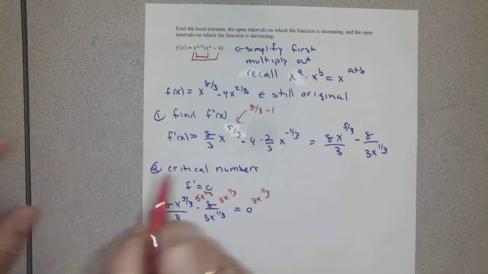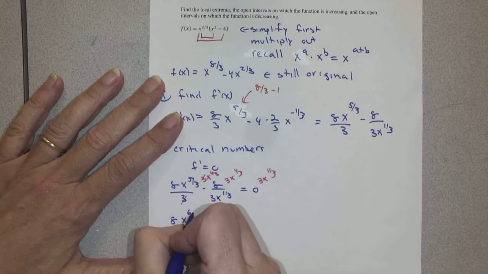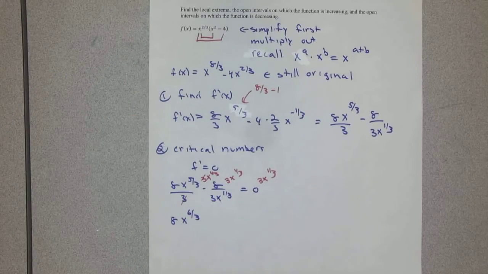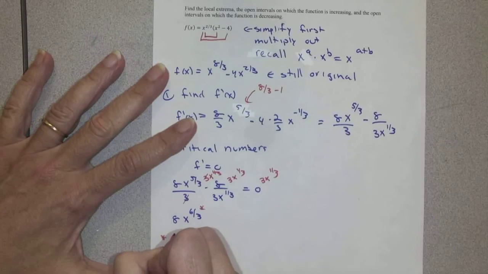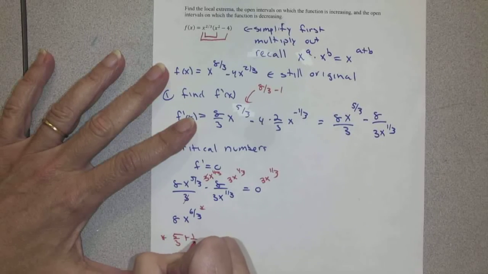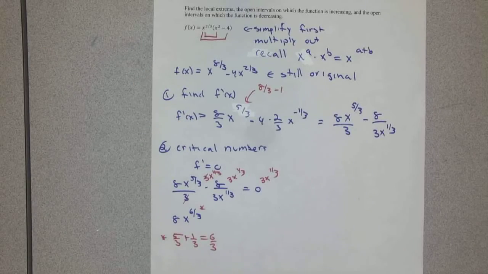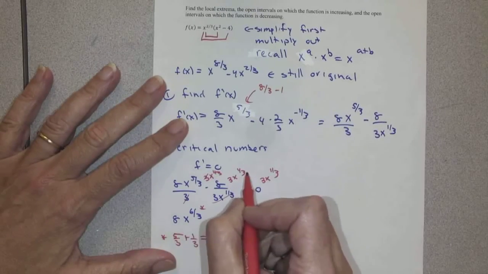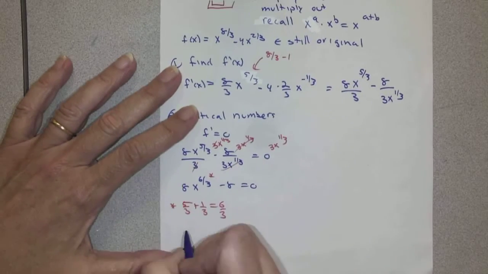Over here, the 3's cancel. And so I'm going to get 8x to the 6/3. Add the exponents, 5/3 plus 1/3 is 6/3. And yes, I'll call that 2 on the next go around. Over here, everybody cancels, so I get minus 8 equals 0.